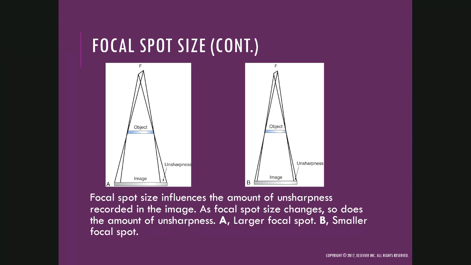It's still the same amount of light, but if you make the area that the light shines bigger, and then you look at the shadow of your hand, the edges are not going to be as sharp. It's not going to be as easy to tell where one ends and one begins. When you have that mag light coned down to a tighter beam of light, just like if you have a smaller focal spot size, you're going to have less unsharpness at the edges of your image or your hand shadow, whichever thing you like to use.